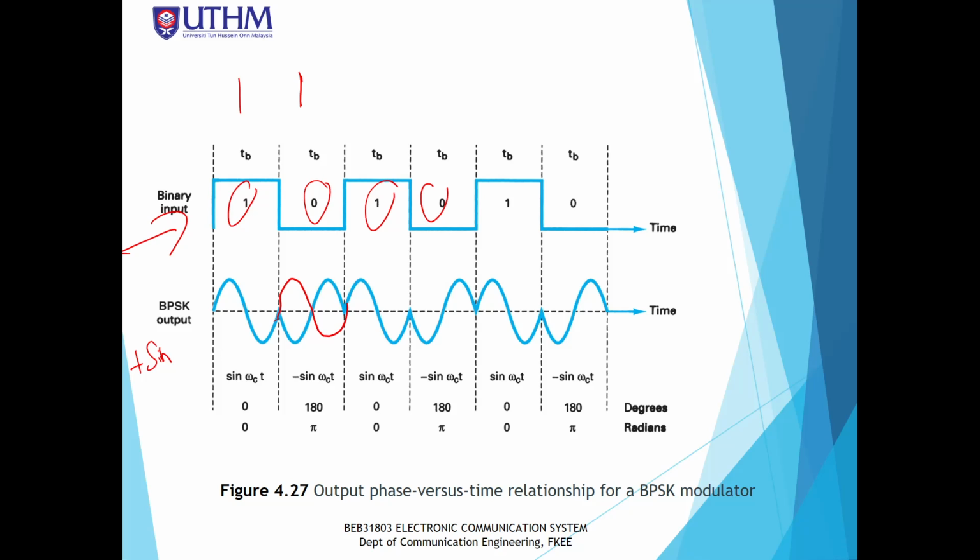So tidak ada perubahan fasa. Kalau di sini 1 lagi, so dia akan jadi positive sign. So tidak ada perubahan fasa. Okey, the same input bit tidak akan mengakibatkan perubahan fasa. Manakala perubahan input bit akan mengakibatkan perubahan fasa. Okay.